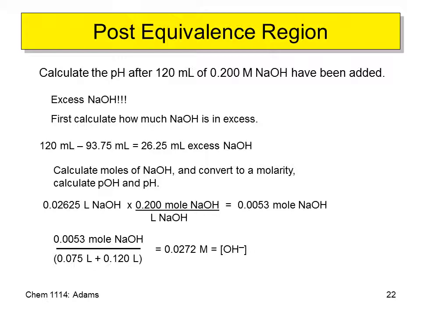And I can realize that this is the hydroxide ion concentration. Taking a negative log of that, I'll get a pOH, and by difference from 14, I get a pH. Let's put that on the curve.